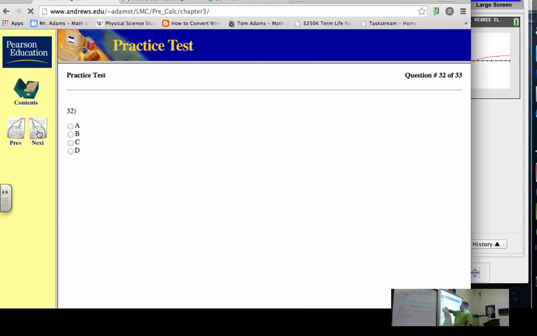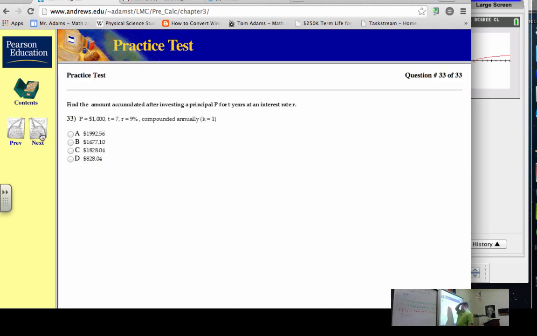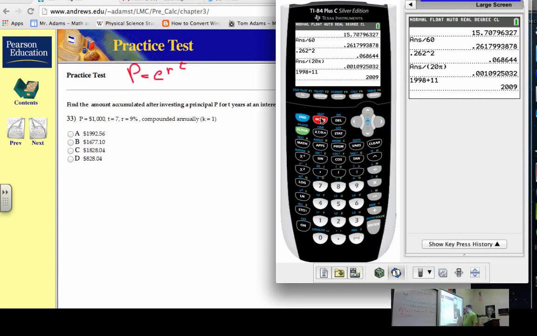Let's move on to the next one, problem number 33. All right. It says find the amount accumulated after investing the principal P for T years at an interest rate of R. Now it should work. So go ahead and tell me what that is.